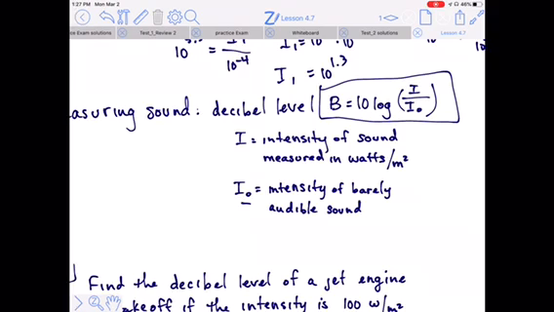And then I sub 0 right here is the intensity of a barely audible sound, kind of like what we just talked about with a standard quake. And that intensity is 10 to the negative 12 watts per square meter.